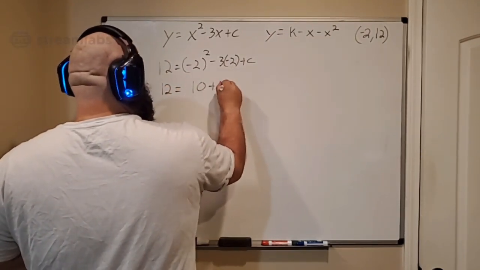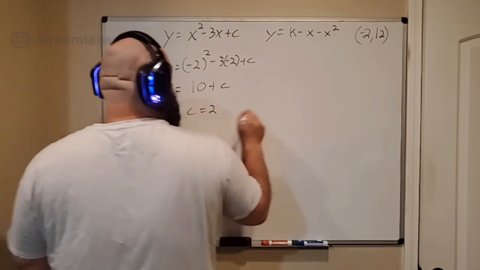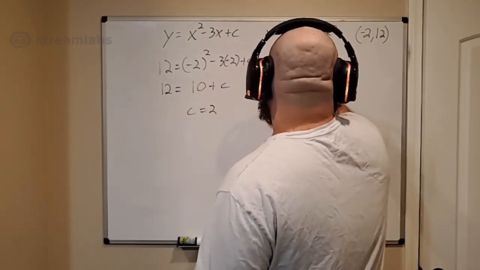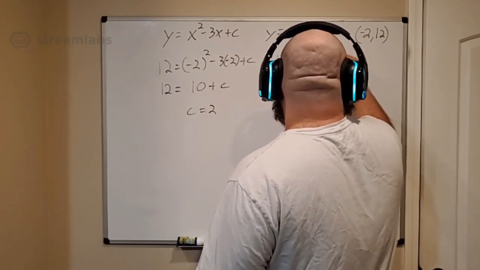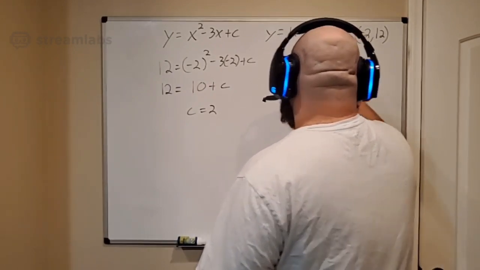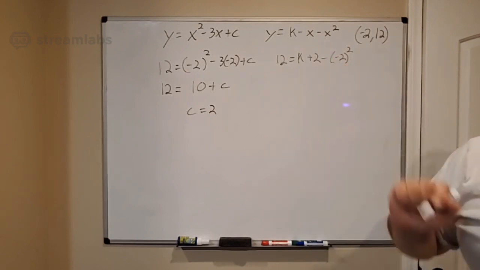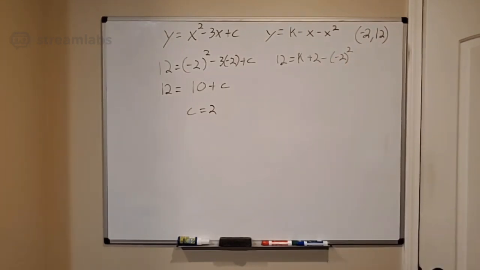And then 12 equals k minus, so plus 2 minus negative 2 squared. On the second one, be very careful with that minus negative 2 squared part. You have to put that negative 2 in parentheses if you're not paying attention. So it will become 4 first, do the squared first, and then minus.